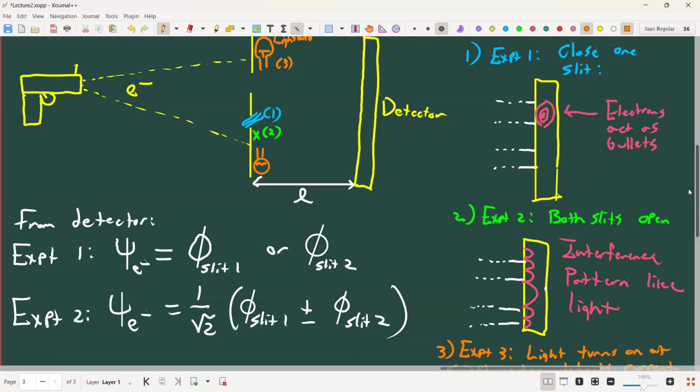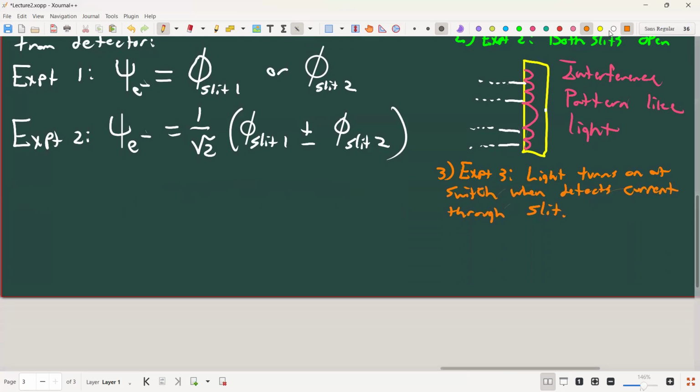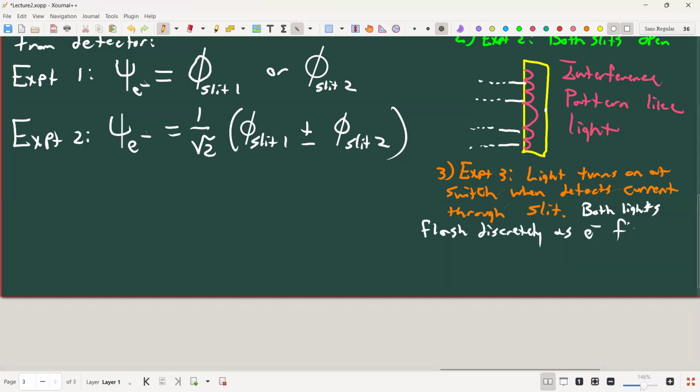Then if I turn on my detector after the fact, just to double check that, I'm going to look at my detector at the end. Both lights flash discretely as electrons flow.